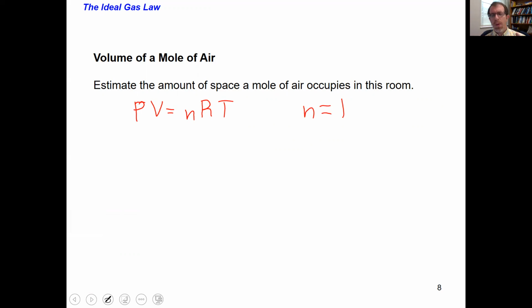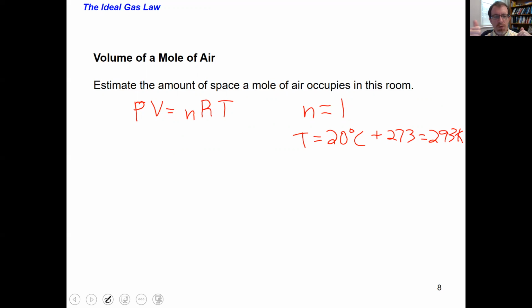Temperature inside this room: in general, 20 degrees Celsius is probably a pretty good estimate for room temperature. That's about 68 degrees Fahrenheit or so. If I convert this over to Kelvin, it's 293 Kelvin.